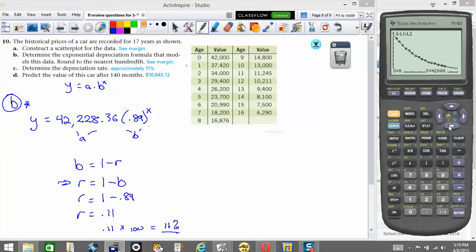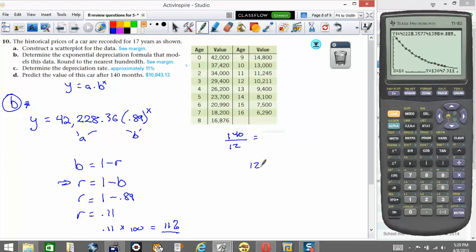We want to arrow down. Now remember, this is in years. So we need to figure out, what's 140 months in years? 140 divided by 12 is almost 11 something, if I'm not mistaken.